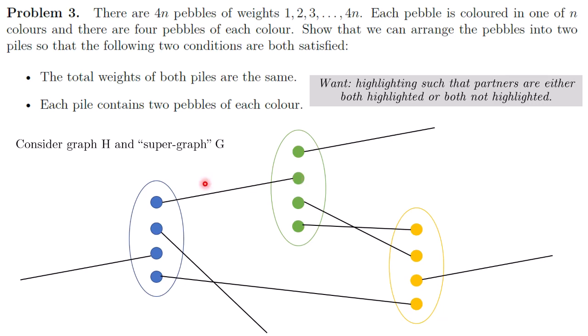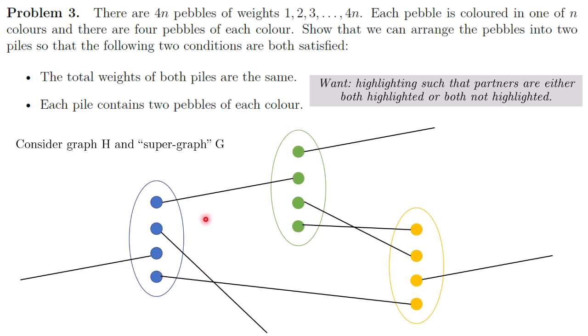Okay, so to do this highlighting process, I will consider a supergraph G. The supergraph G is formed by collapsing the 4 pebbles of a color into a super node, so we have a super vertex, in other words. The edges will just collapse accordingly. So for example, there will be one edge from this super vertex to this super vertex and so on.